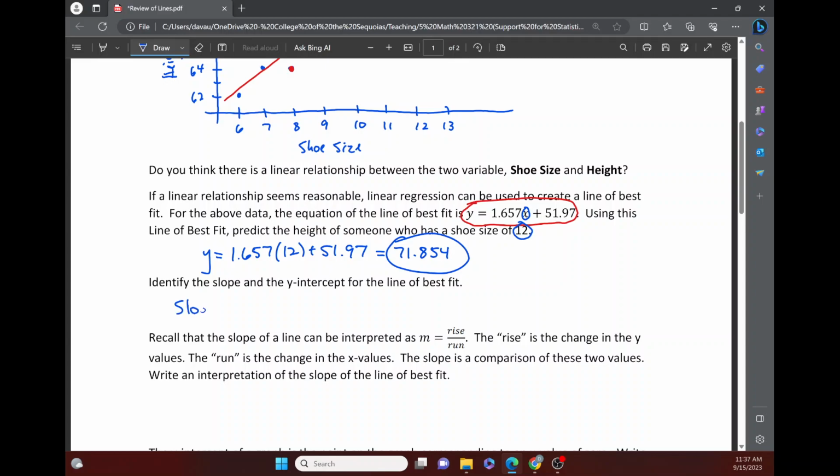So the slope is m equals 1.657. The y-intercept, the symbol that we use for the y-intercept is b, so we would say b equals 51.97.